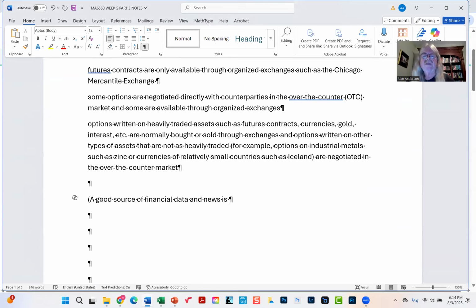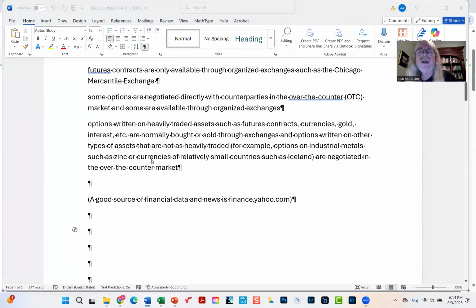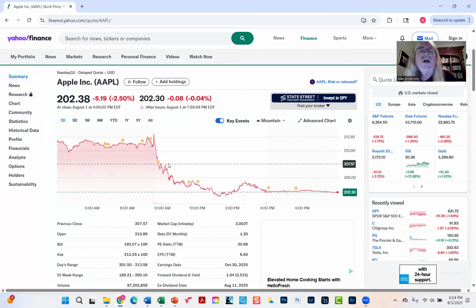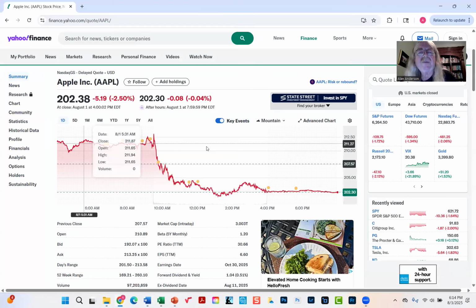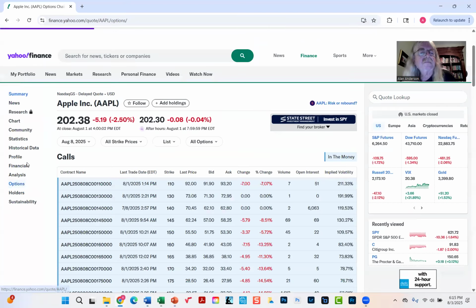It's really more focused on stocks than anything else. But let's say I'm interested in Apple options. If you come over here to the left, you can see that it says options. And what's going to happen is it'll show me a chart of all the options that were available on Friday.